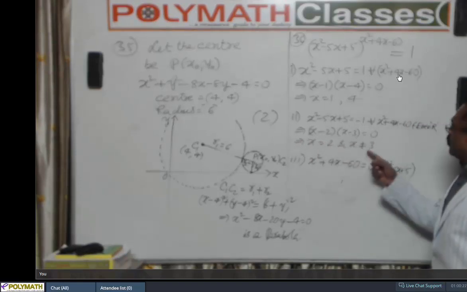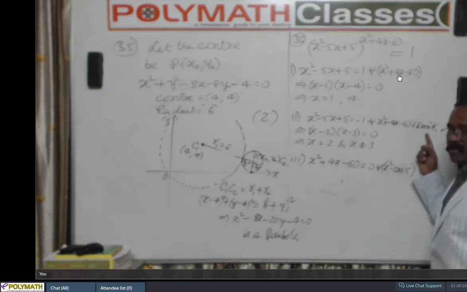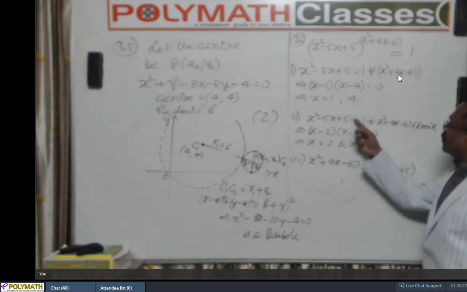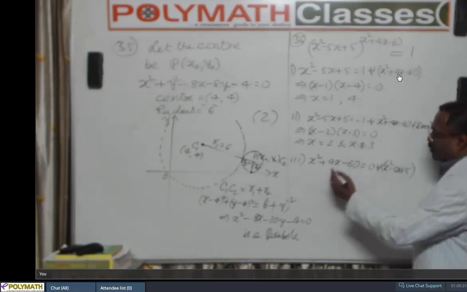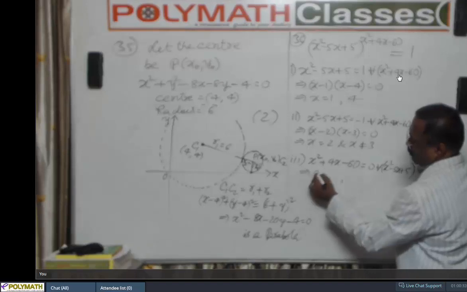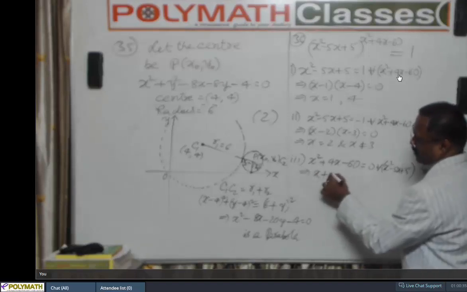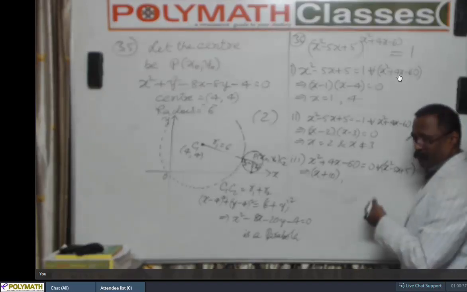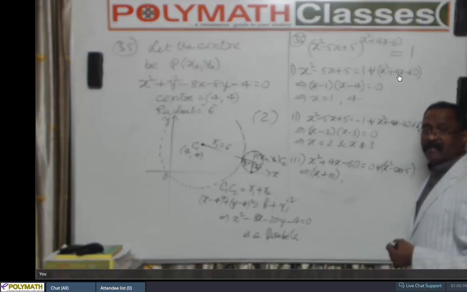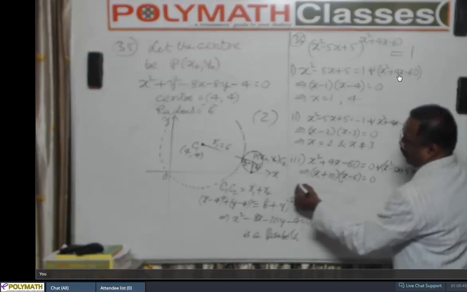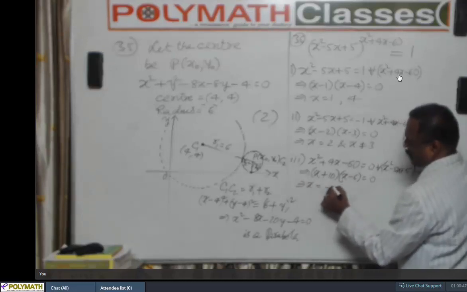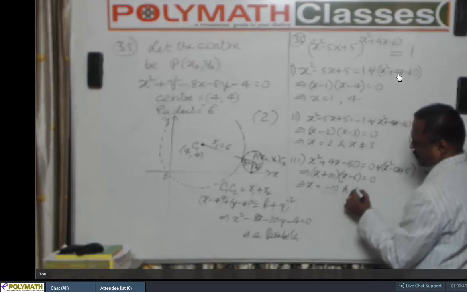Why x is not equal to 3? Because we have to take only even values. If x equal to 3, it becomes minus 1 whole power 3, which is minus 1, but not plus 1. Now coming to this, the factors are (x plus 10)(x minus 6) equal to 0, which implies x is equal to minus 10 or 6.